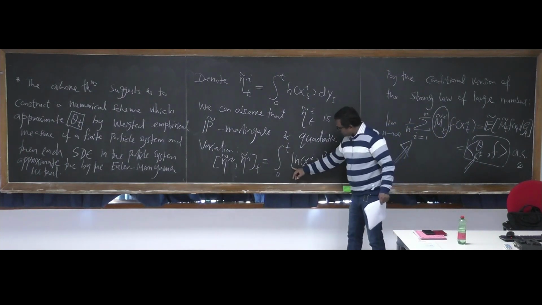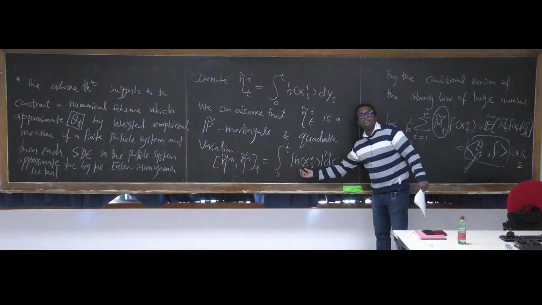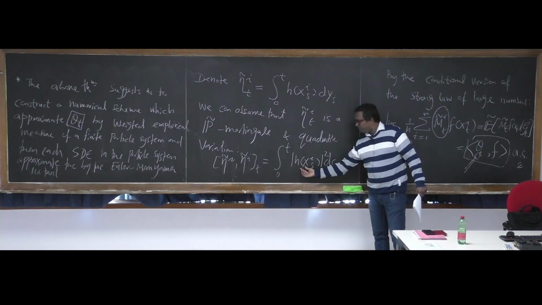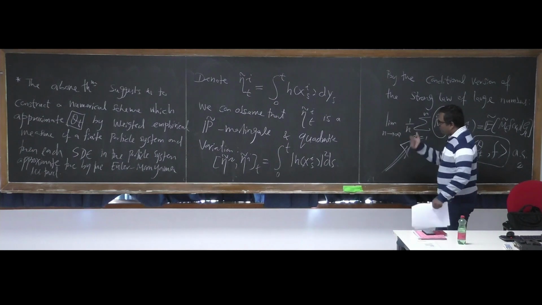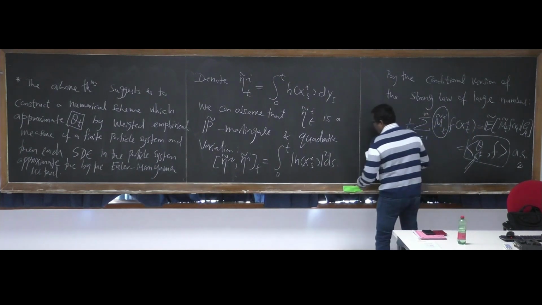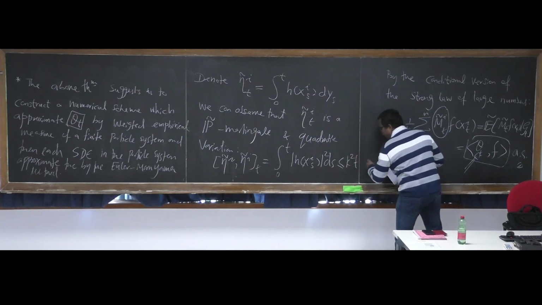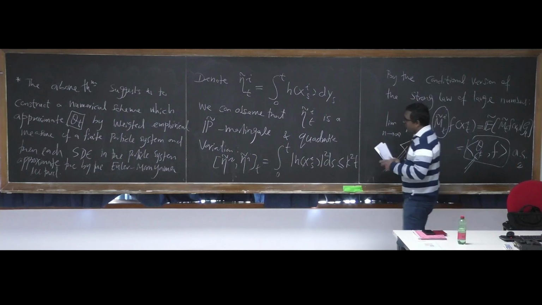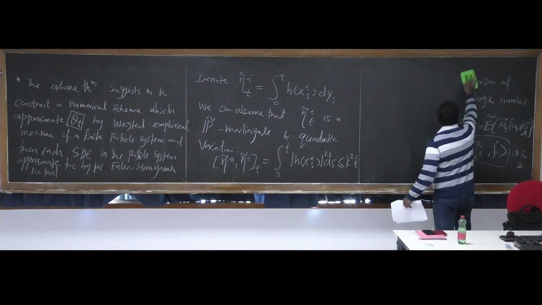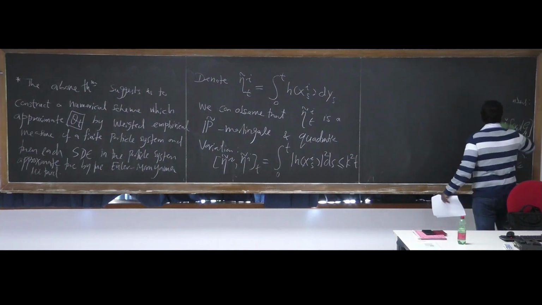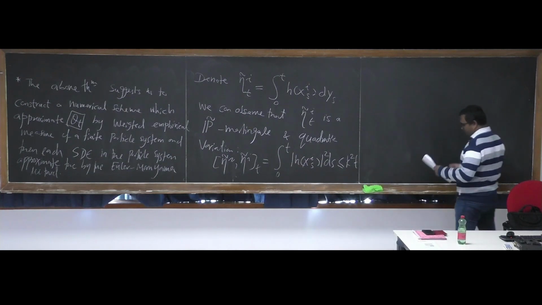You know that our function h, which is associated with the observation process, is very nice and bounded with the constant k. Therefore, you can realize that this is bounded by k squared t. Just refer to assumption 1.1 we prescribed in the first lecture.